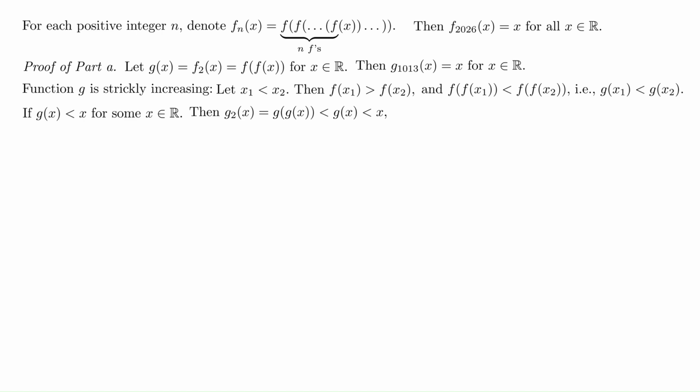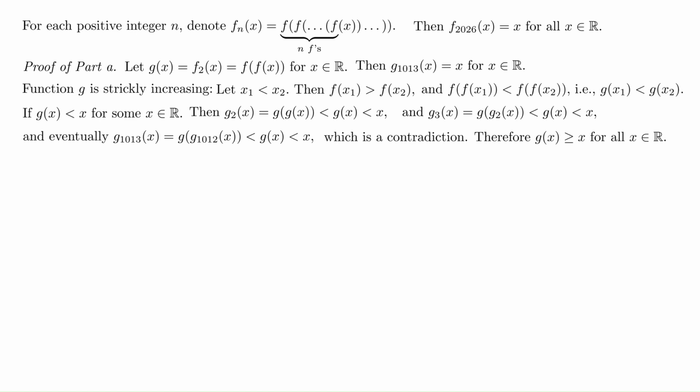So we have g^2 of x is less than x. Repeating this process again and again, we got g^3 of x is less than x, and so on. Eventually, we have g^1013 of x is strictly less than x. But this is a contradiction.